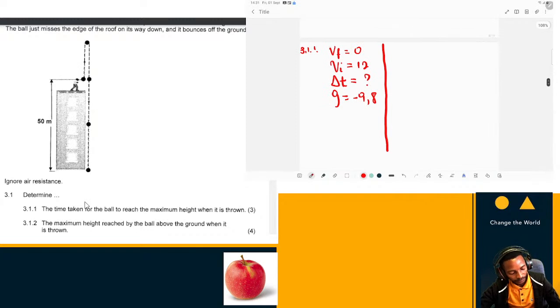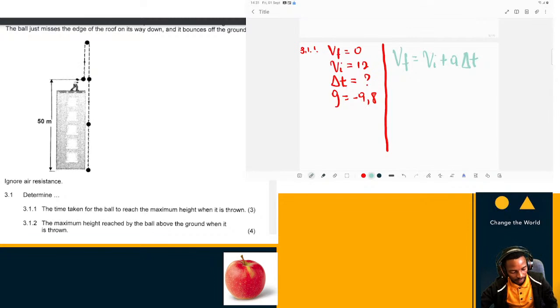Okay, so according to that formula, let me use a different color. So V final will be equal to V initial plus a delta t.